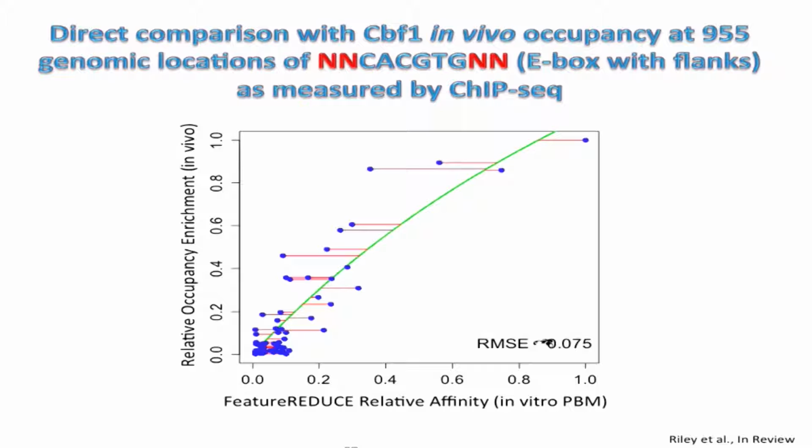By fitting that, we can see that there's a curve which illustrates that there is some saturation of binding for the highest affinity E-box motifs. And then the red lines correspond to our error. In an ideal world, all of our points would be on the green curve, but we're not perfect.